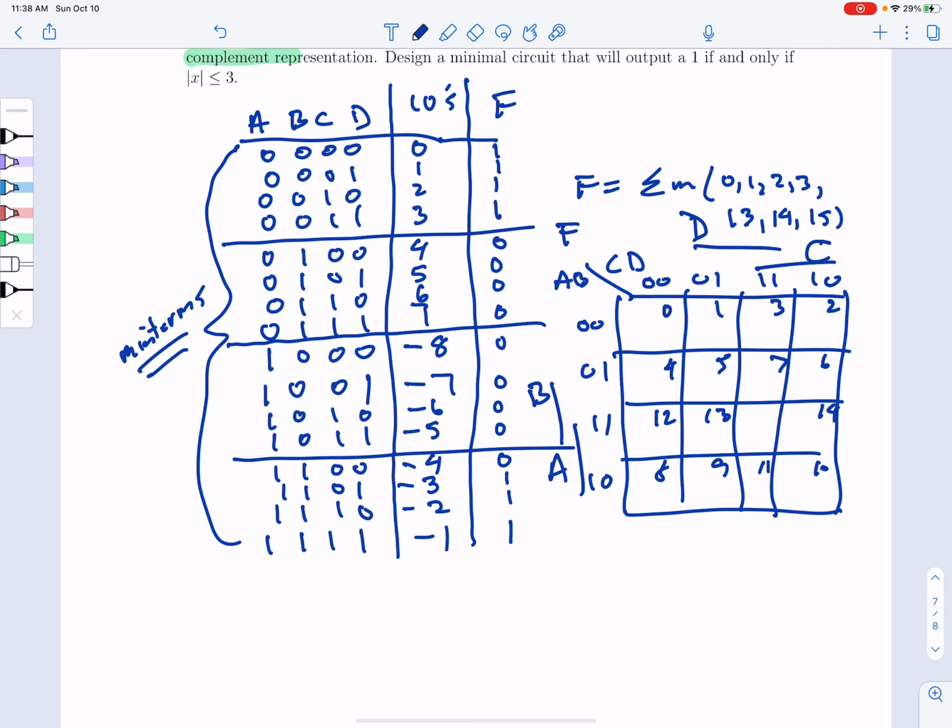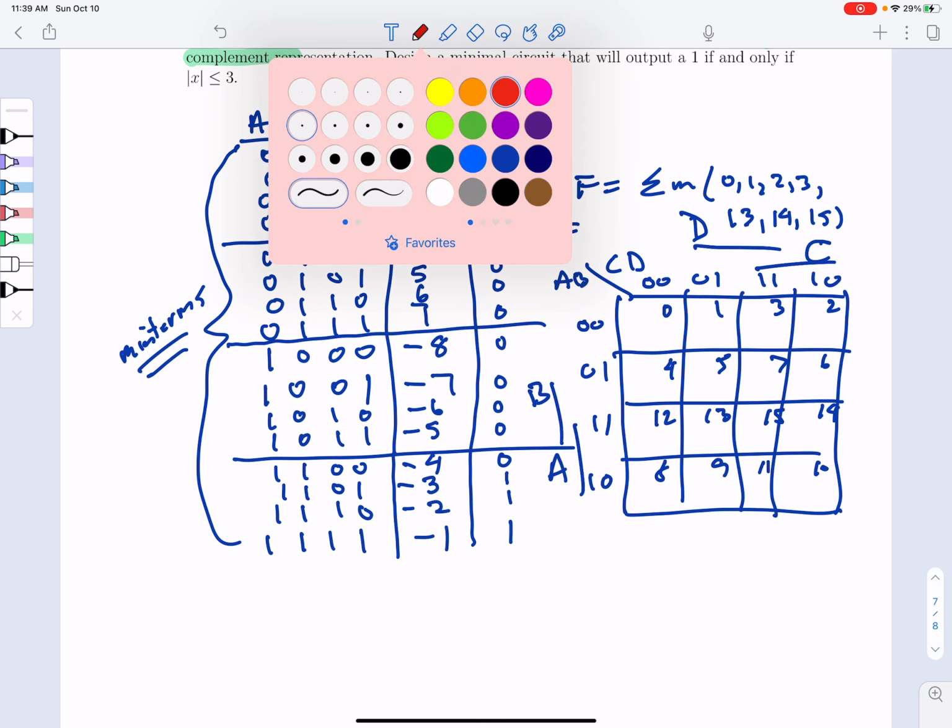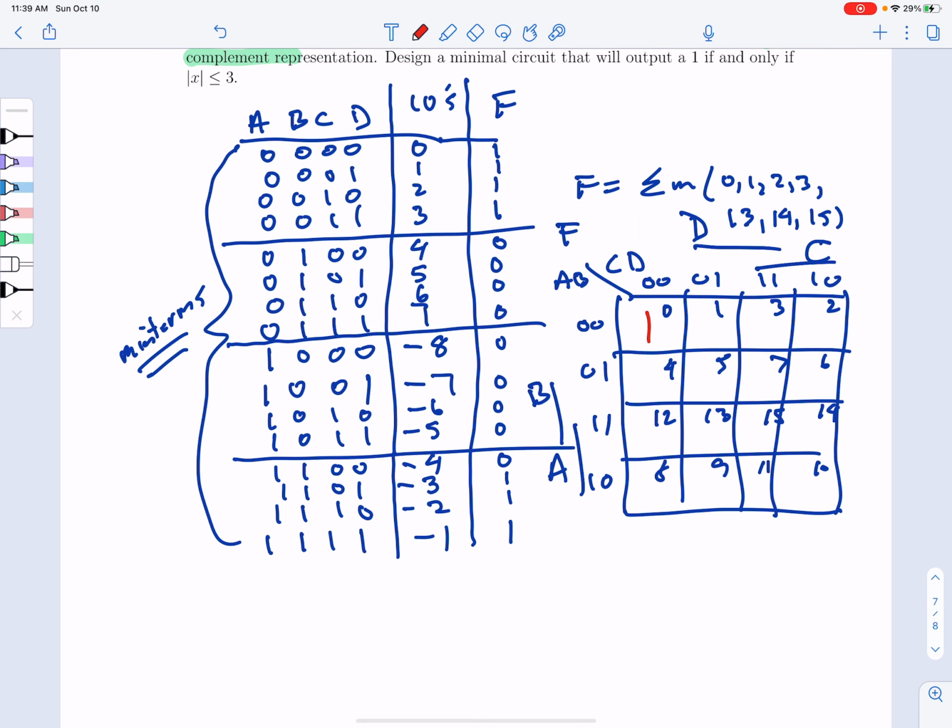There's my Karnaugh map. Now I put the 1s on the Karnaugh map, and I'll make those stand out with red: 0, 1, 2, 3, 13, 14, and 15.